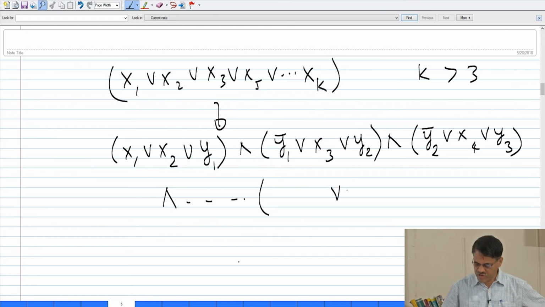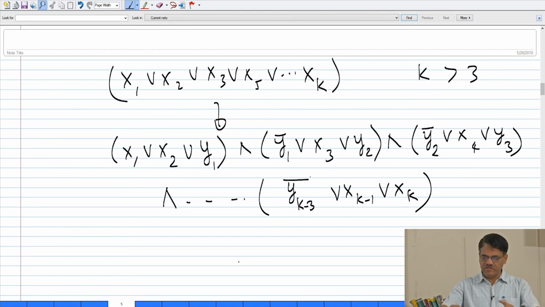Somewhere I will have x(k-1) or xk, and some bar will appear here. What bar will come? I think it is this. So I have taken this clause which has more variables than what I want, 3, and I have broken it up into various clauses of this type. Is it clear what I have done? I've just thrown in new variables, and I've broken this big formula into formulas where each clause has at most 3 variables.